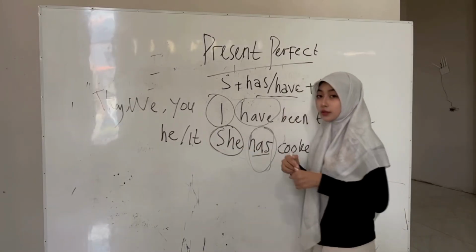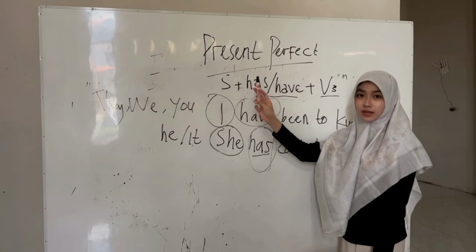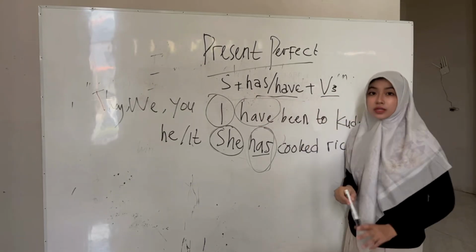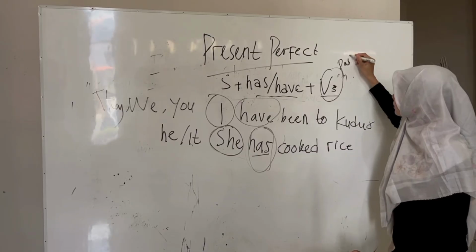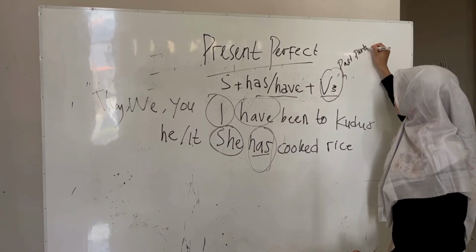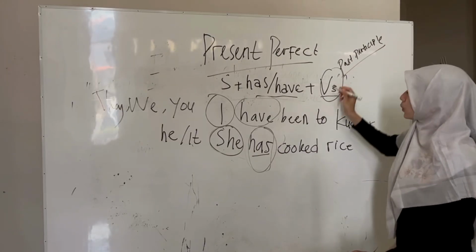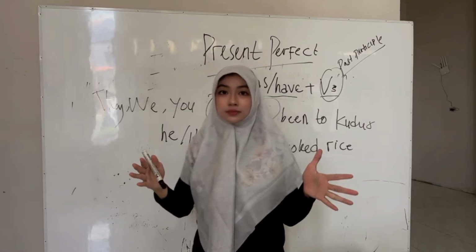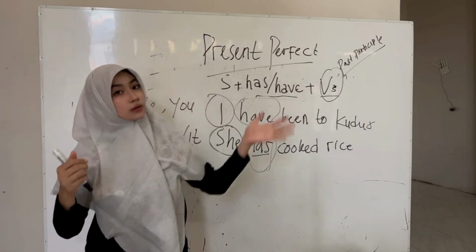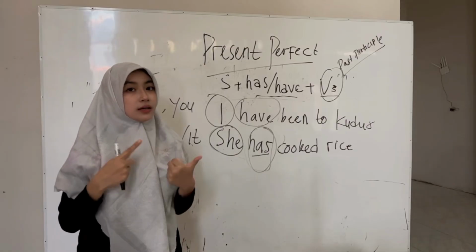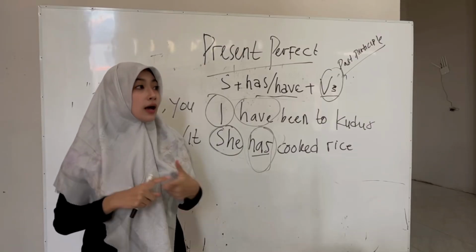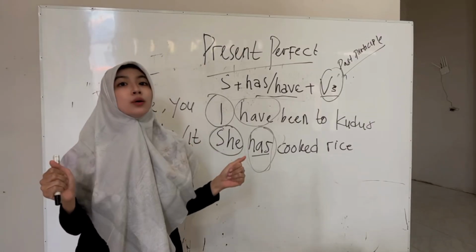So now it's clear that the formula is subject, has or have, plus verb three. We use the past participle here. We can use an irregular or regular verb, right? I have cooked. I have cleaned the house.